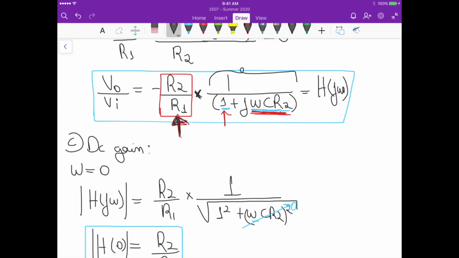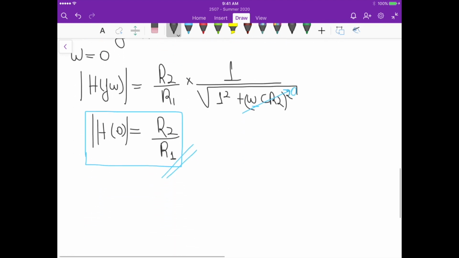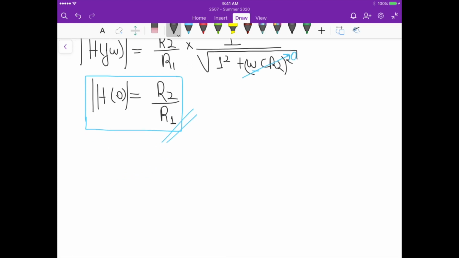Remember, this is in linear scale, so for 3 dB we have to use the linear correspondence of 3 dB, and 3 dB just means that the power of our output becomes half of the power of our input.